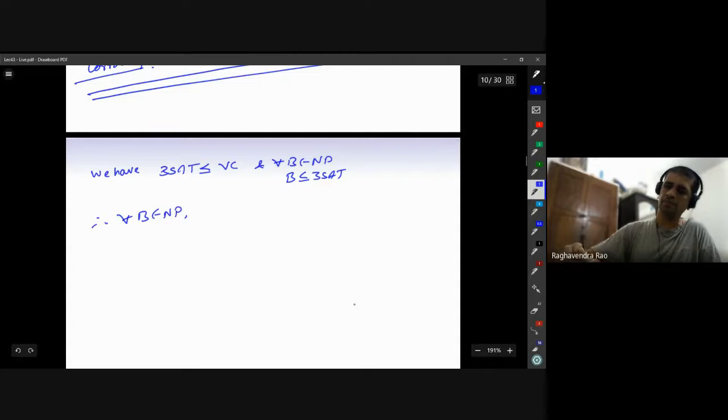So what does it mean? We have 3 SAT reduces to VC, and for all B in NP, B reduces to 3 SAT. Therefore, for all B in NP, B reduces to vertex cover by transitivity, which I left as an exercise.